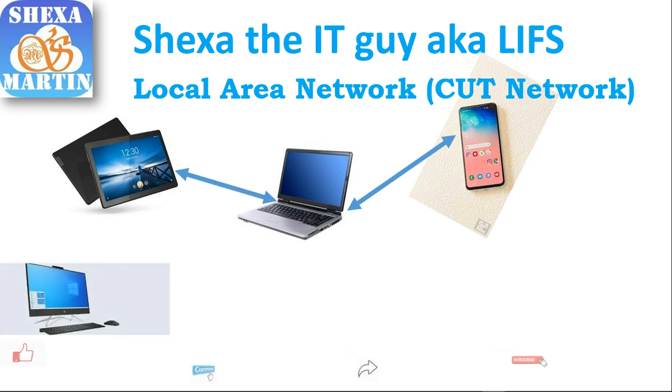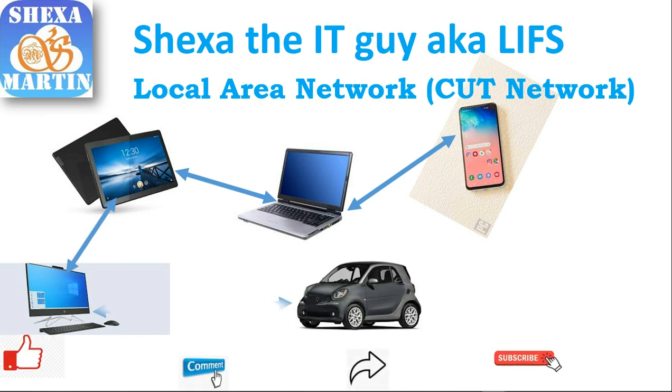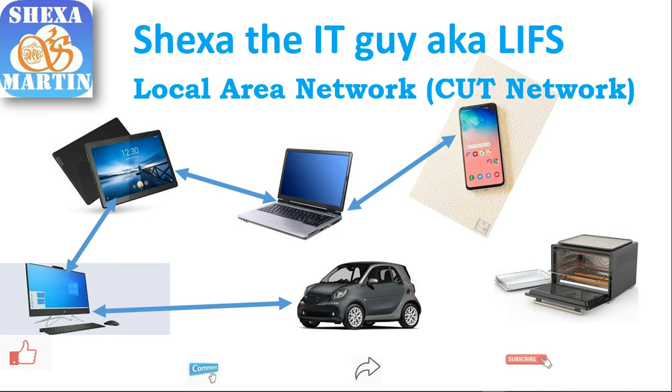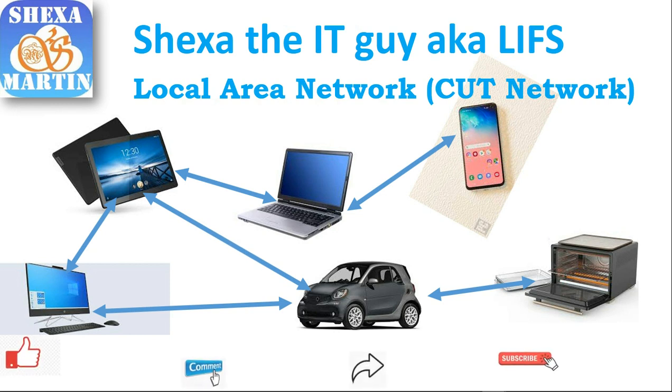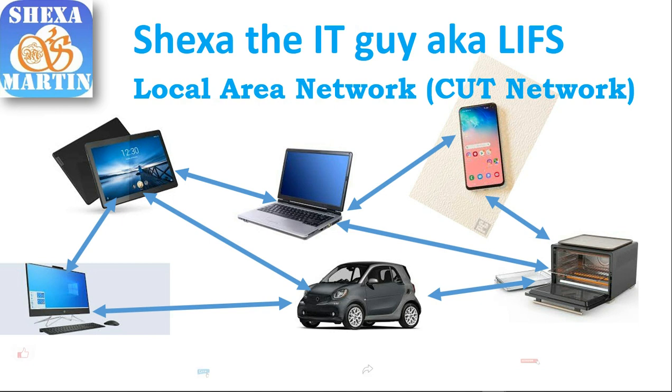These devices can communicate with each other like that. You see, more devices are coming in and they are connected to each other. These are the connections that we have. So we may call this a local area network because it exists only in a restricted area.